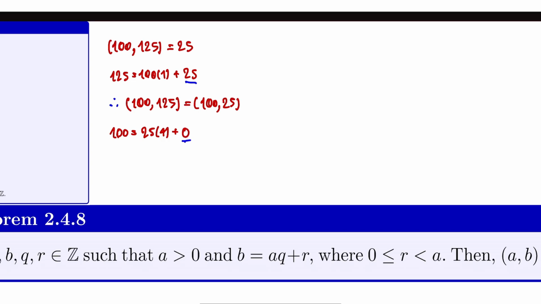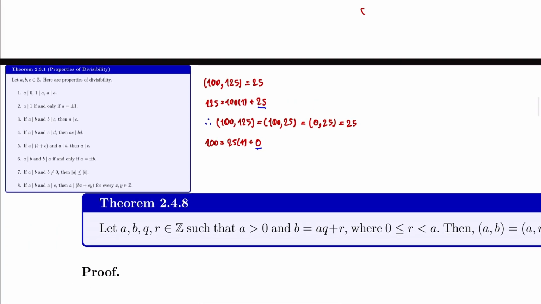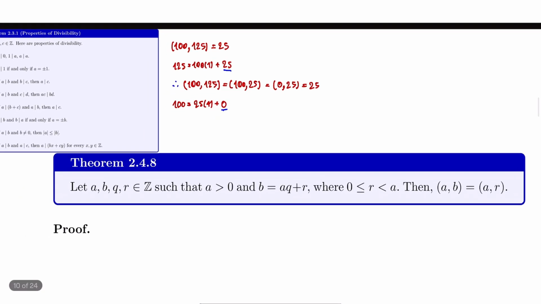So the remainder is 0. So right now we're going to have 0 and 25. And that's it. I think we can find the greatest common divisor, and it turns out to be 25, right? So this is how to use theorem 2.4.8, and then we are going to prove this one.